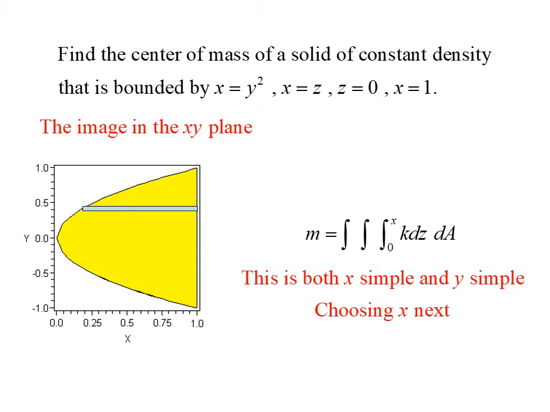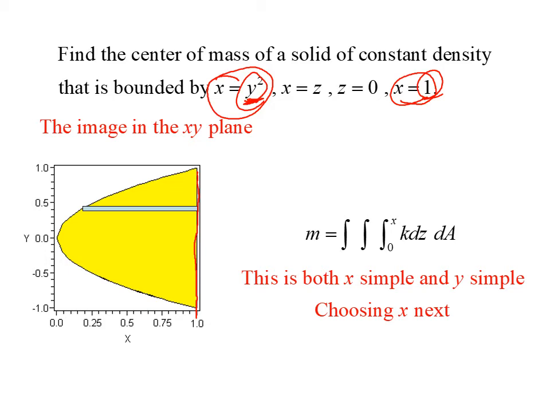Now that parabola we have right here, the value of x is y squared. And that line right there has a value of x of 1. So the strip that we have here will be going from parabola to line, which would be, if we do dx next, from y squared to 1.